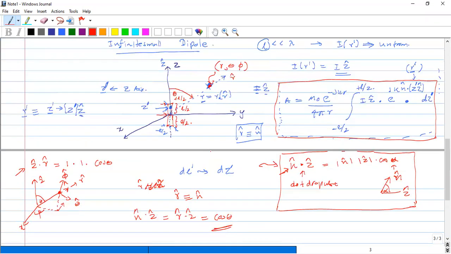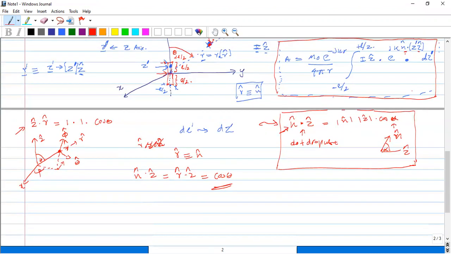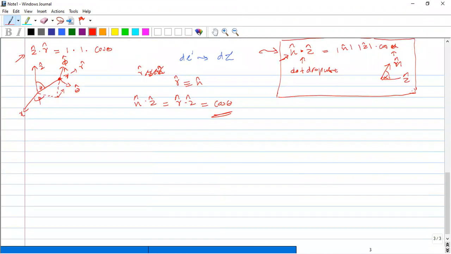So you can see that here you have to get the dot product of n hat and z hat, which you can write as cos theta. So your magnetic vector potential will become mu naught e to the power minus jkr, and equal to phi r.